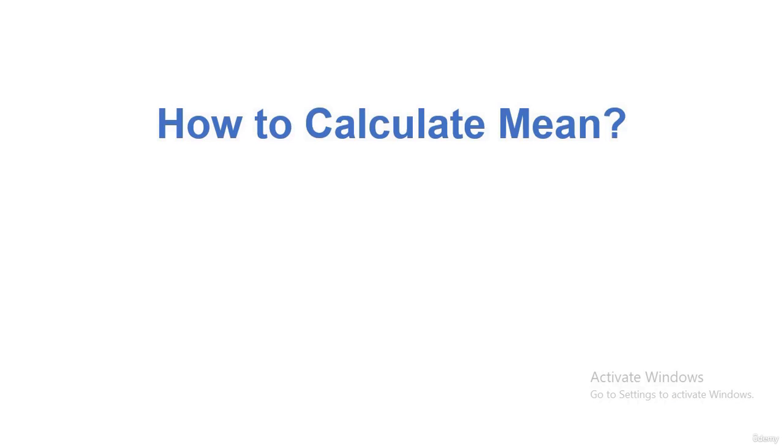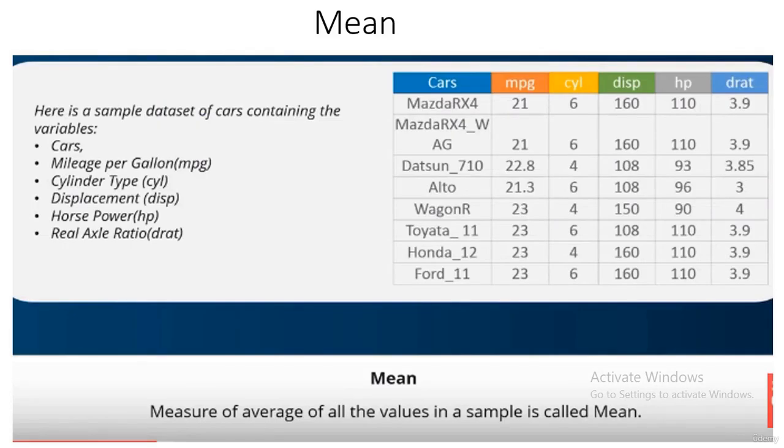Now let's understand how to calculate the mean. Here a sample data set of cars is given, containing variables like the types of cars, MPG meaning miles per gallon, cylinders, displacement, horsepower, and the rear axle ratio. All the data is given.